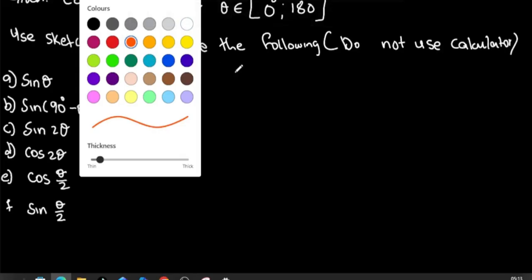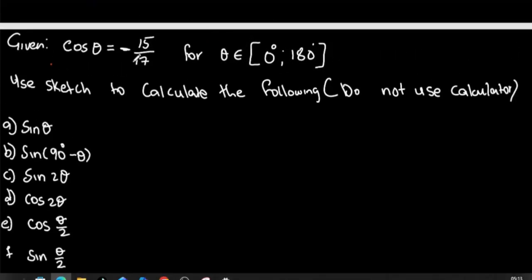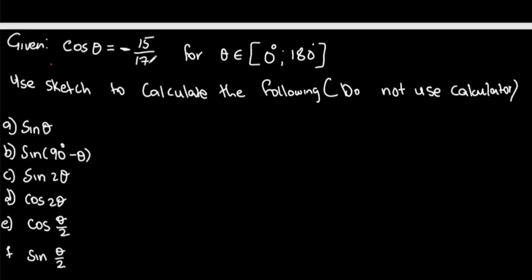So in this lesson, let's check what we are given. They say that we are given cos theta to be equal to minus 15 over 17, and it is also given that theta must be an element of 0 to 180. When they just tell you that your theta must be between 0 and 180, I'm going to explain how this works.